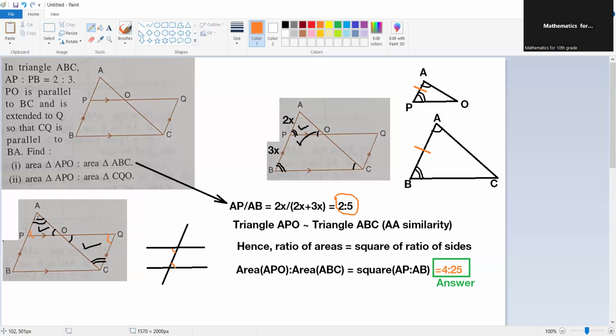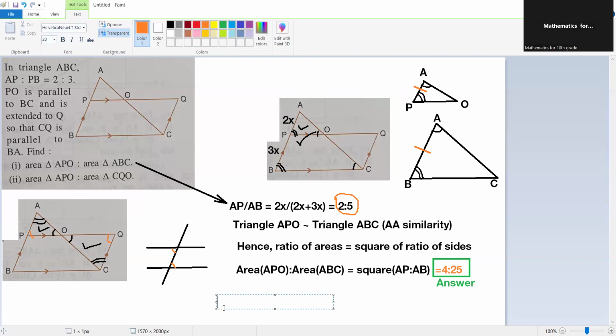And because APO and ABC are similar triangles, this ratio is also equal to AO is to OC. So just to be clear, I'll write it in a blue font.